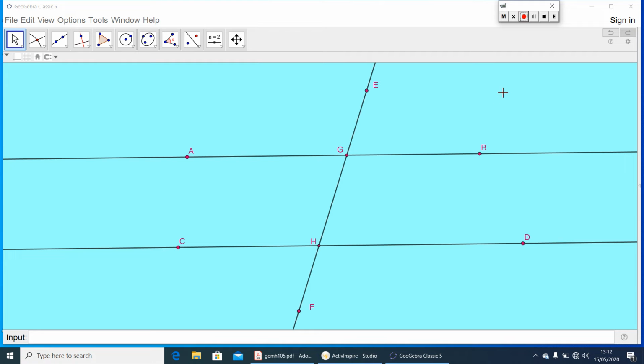Let me measure one pair of corresponding angle. Here you can see both angle BGE and angle DHE are 72 degree. That means corresponding angles are equal. Now let me change the position of the transversal.